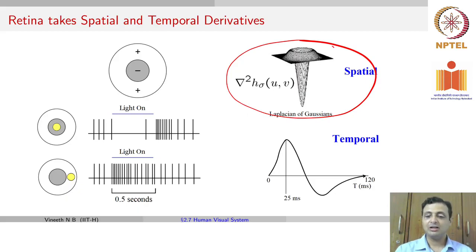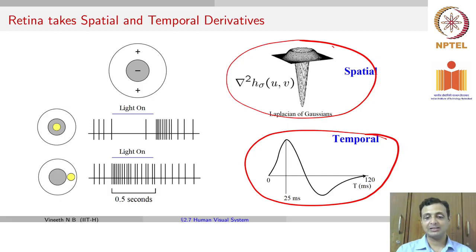But as I was just mentioning, there is also a temporal filter which acts something like this graph here. What does this graph mean? When the light is highest, you get the highest response. After that, you actually get a negative response before stabilizing. Which means, remember again, that the human visual system is a spatio-temporal filter.